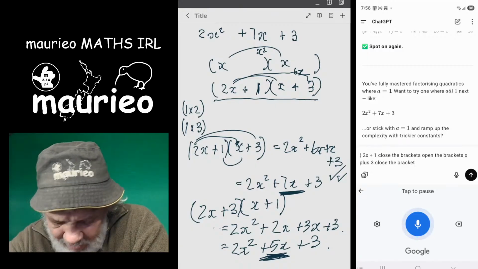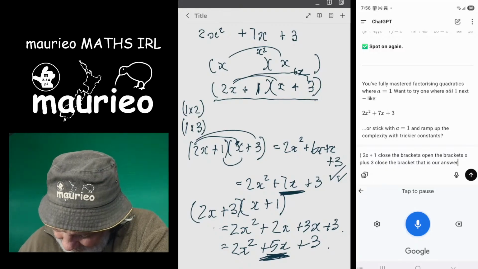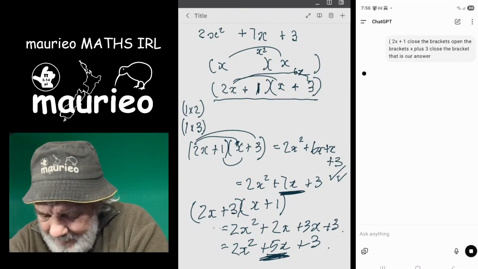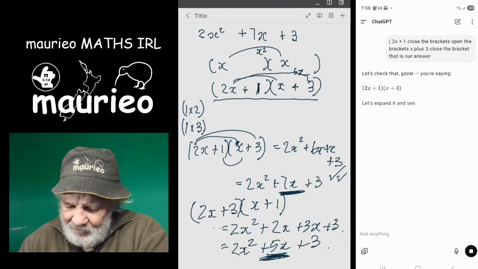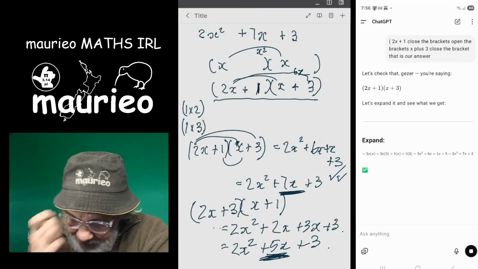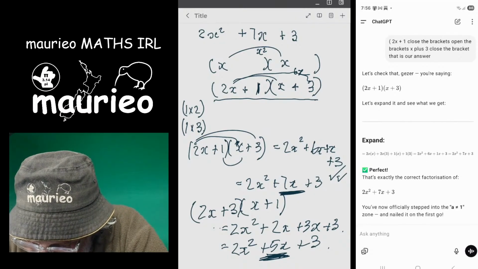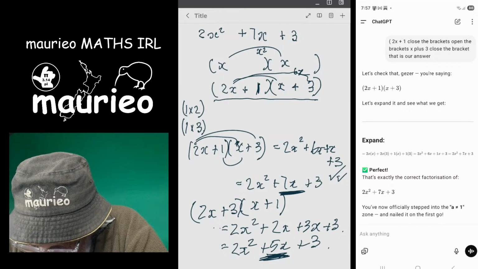That is our answer. Let's see what the old ChatGPT says. Let's expand it and see what we get.